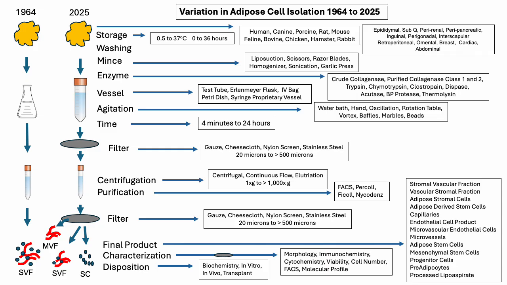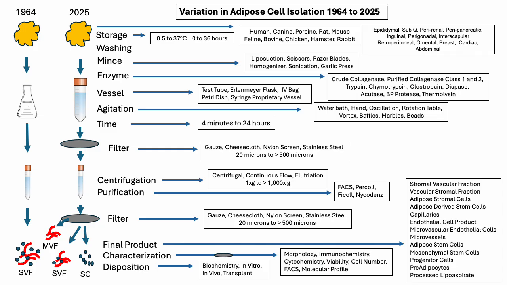One last variation I want to point out is once you have this final product, microvascular fragment, stromal cells, stromal vascular fraction, and you send it off to the cell sorting laboratory for characterization, they will often utilize a filter before putting the cell population into a FACS scanner or a FACS sorter.